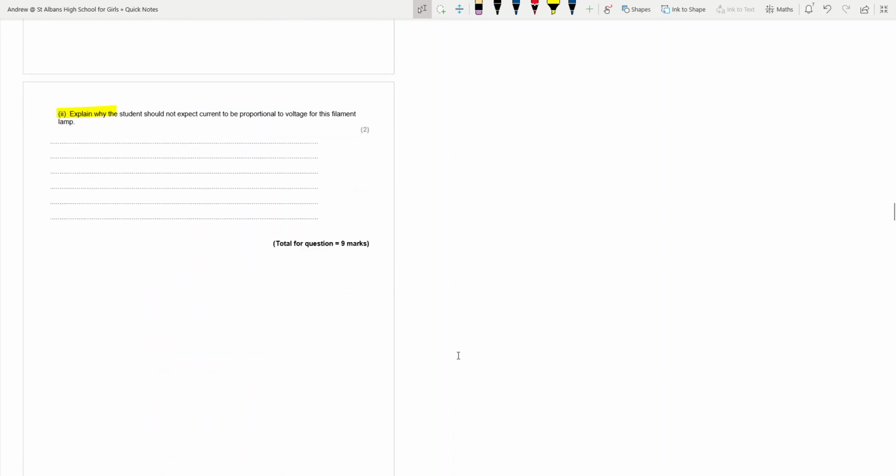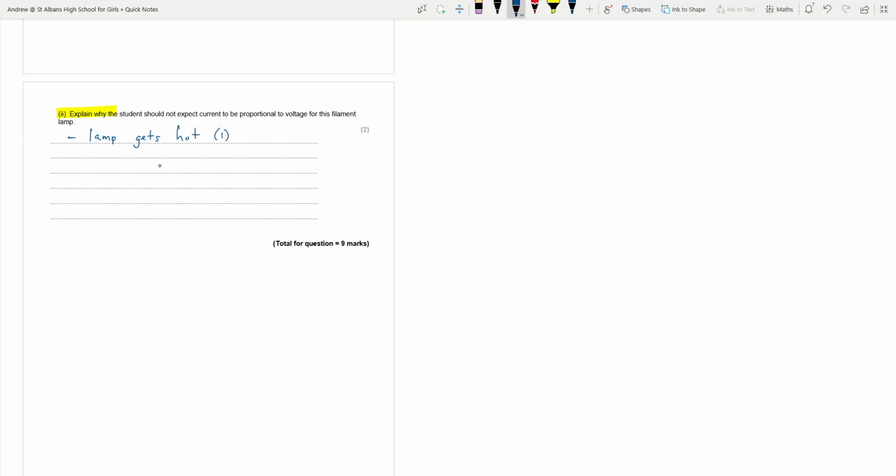Explain why the student should not expect current to be proportional to voltage for this filament lamp. So what we would say here generally is that it's a filament lamp, it's going to get hot. I want to say the lamp is going to get hot.